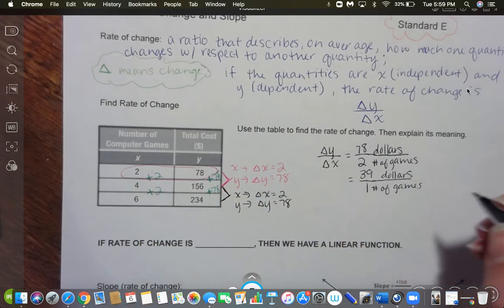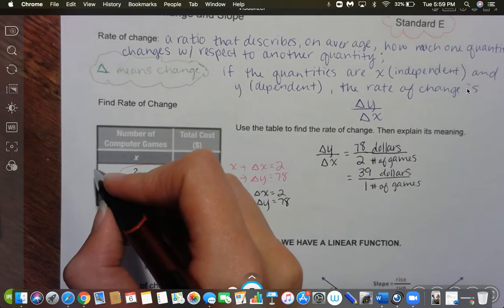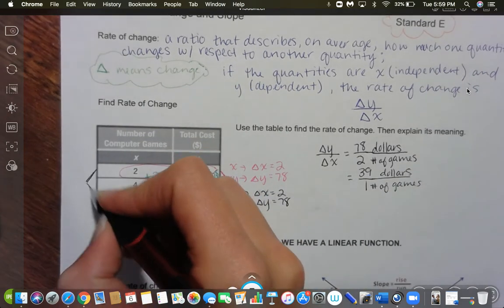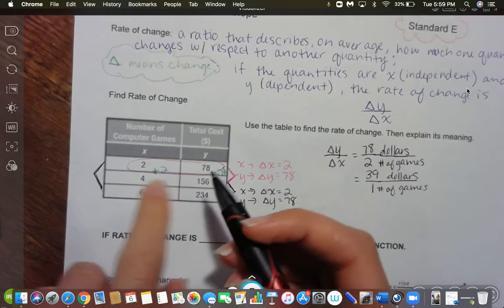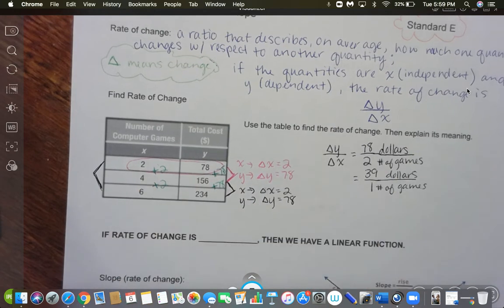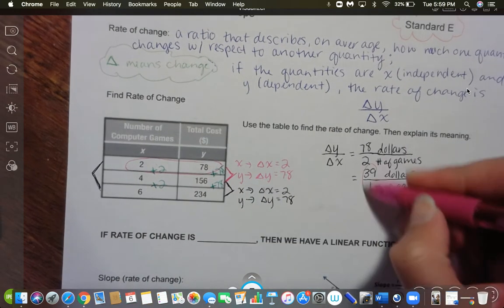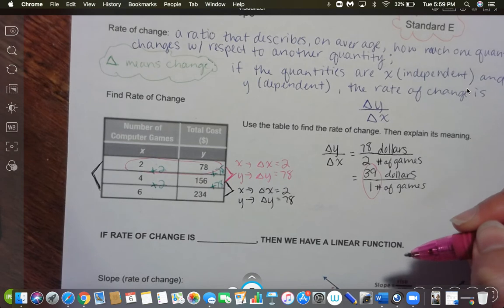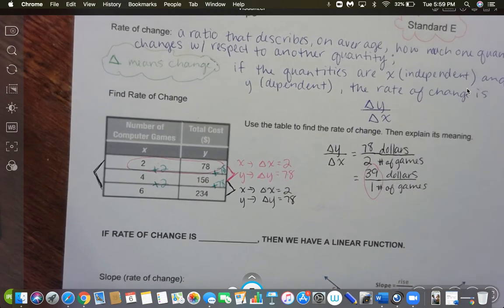So that's what rate of change is. If we were to look at rate of change between these 2 rows and didn't consider this row here, I encourage you to see what that would be on your own and then reduce it. You'll get $39 to 1 game, right?